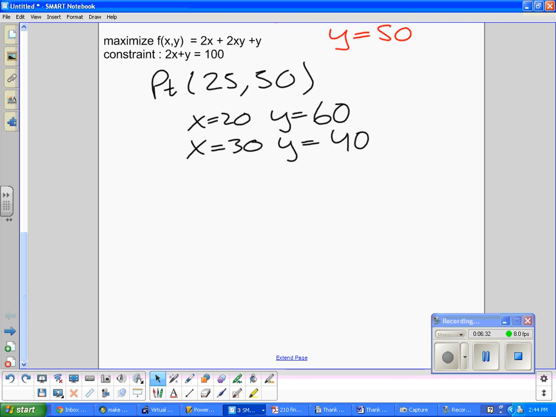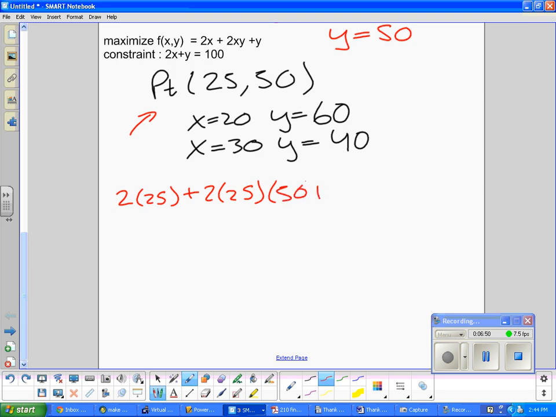We'll plug in the point we got initially: 2 times 25 plus 2 times 25 times 50 plus 50. So we get 50 plus 50 times 50, which is 2,500, plus 50, equals 2,600.